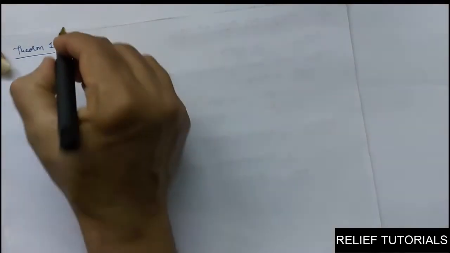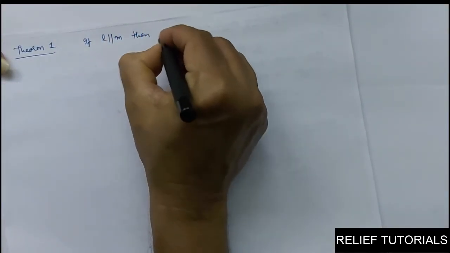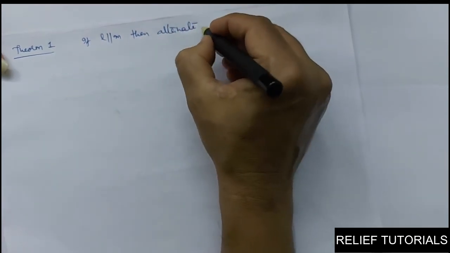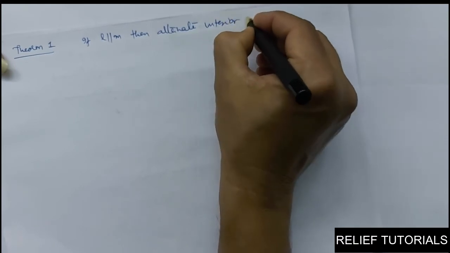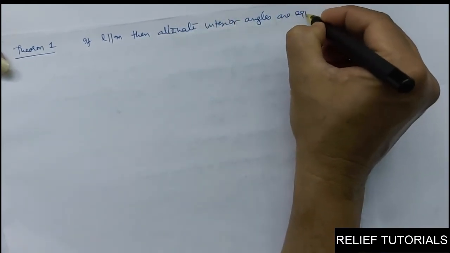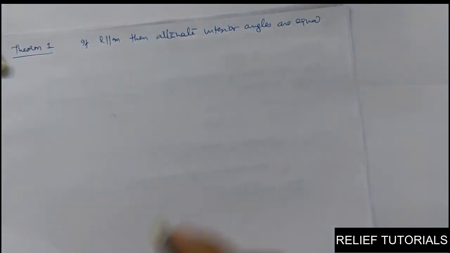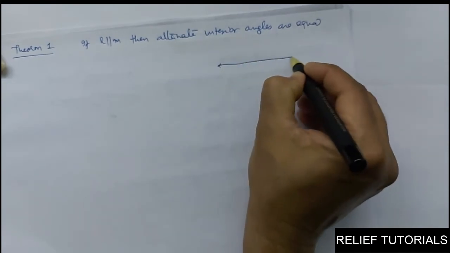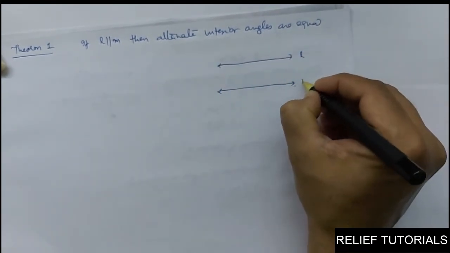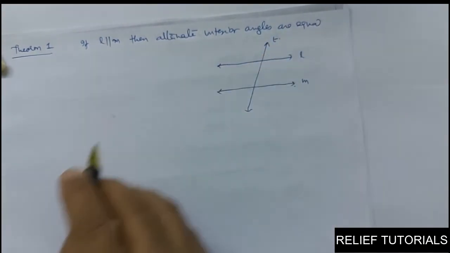See, theorem 1: if L is parallel to M, then alternate interior angles are equal. Clear? See, I will draw the diagram. I will take L and M. This T is the transversal.